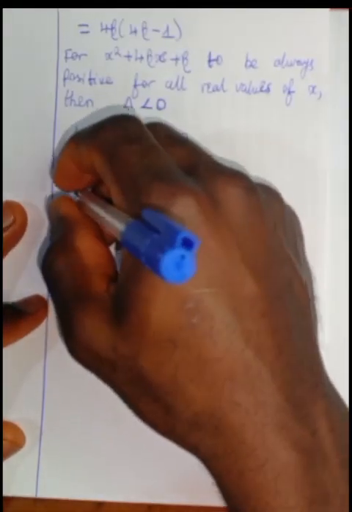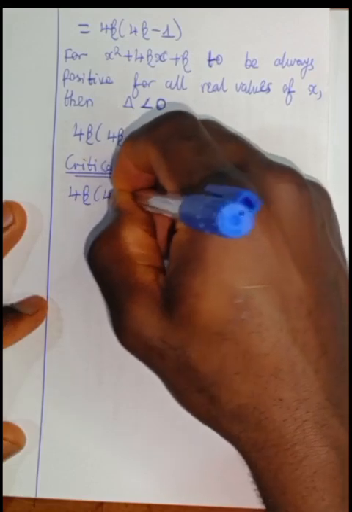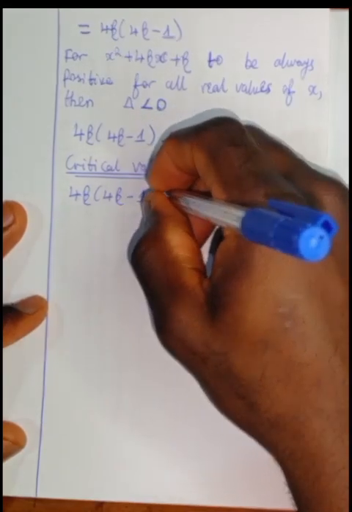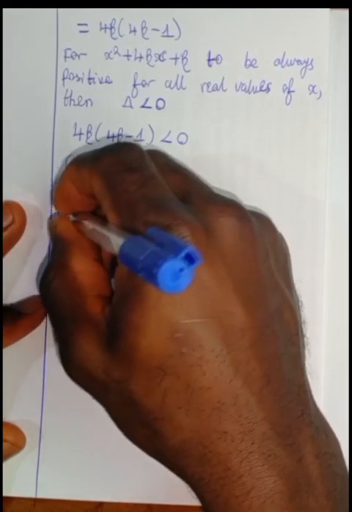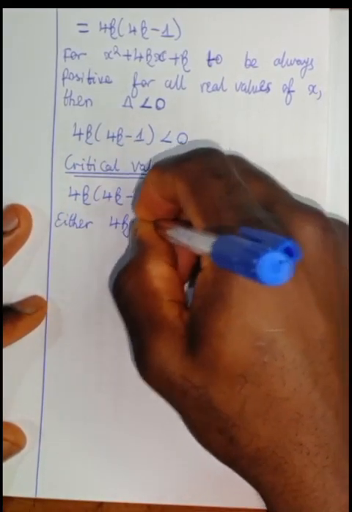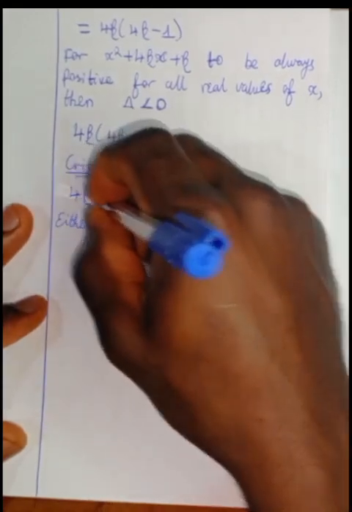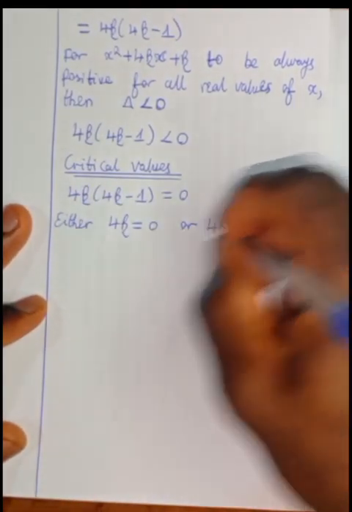For us to get the critical values, we are simply going to equate 4 beta times 4 beta minus 1 to 0. At this level, we are going to see either 4 beta is equal to 0 or 4 beta minus 1 is equal to 0.